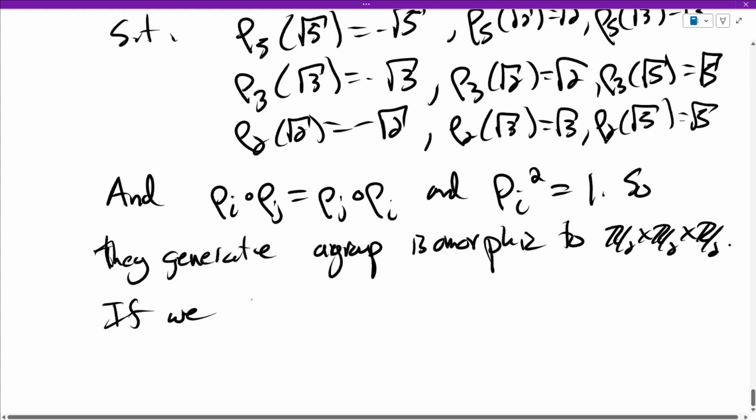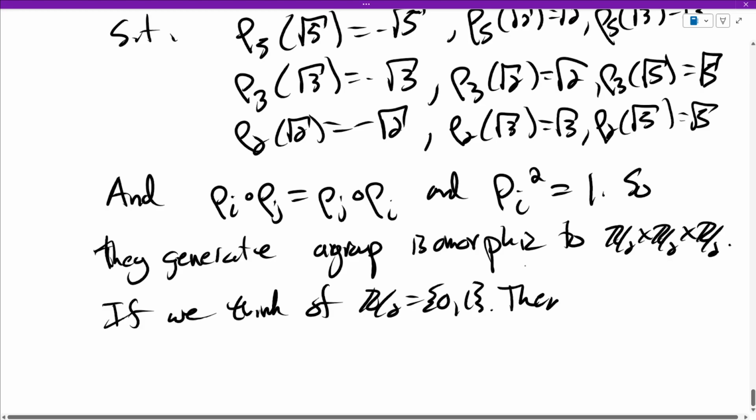If we think of Z mod 2 in the standard way, 0, 1, then any element of the group generated by these guys is going to be some power of some composite of these guys. So that power is 0 or 1, because when we square them, we get the identity. So it will never pass 0 or 1. And we're going to send that to ijk.